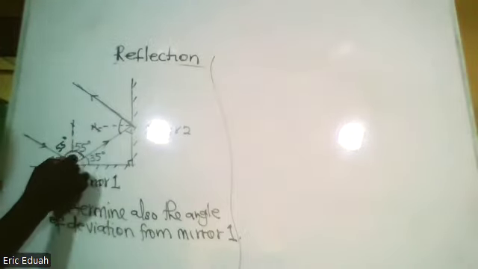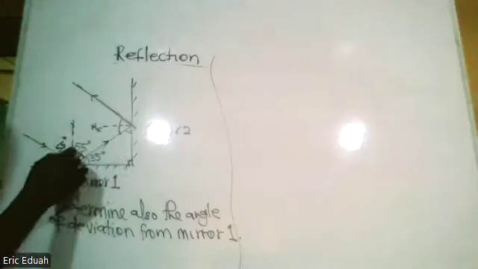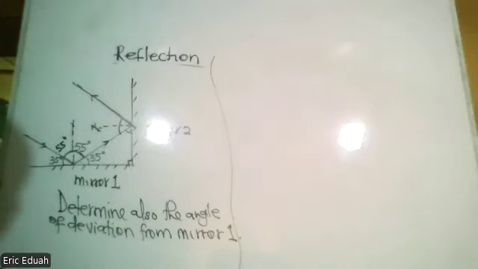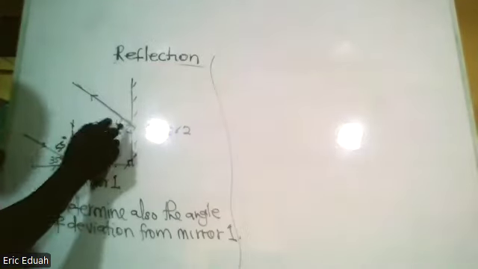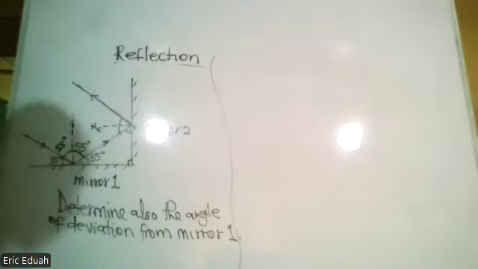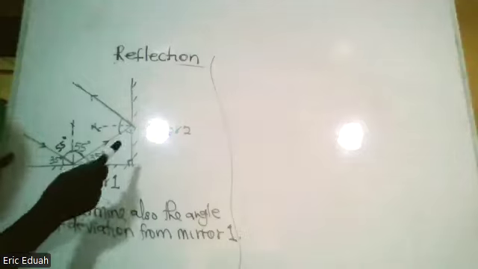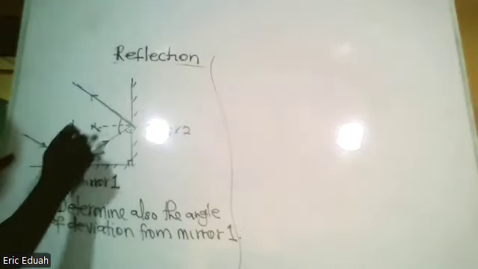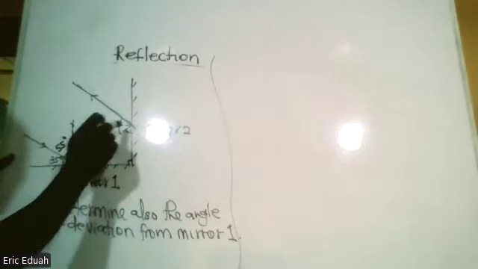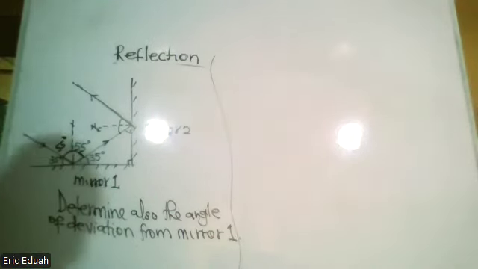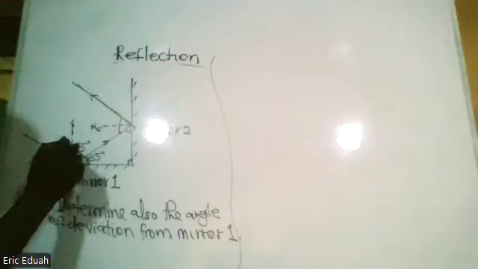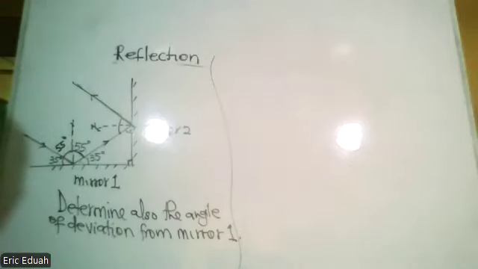This and this must sum up to 90, so that when I add this and this to this, it will be 180.